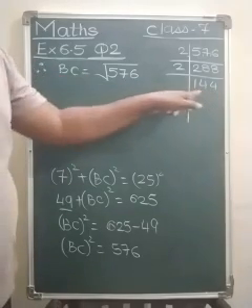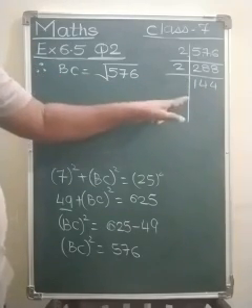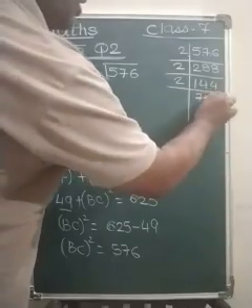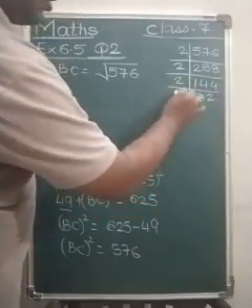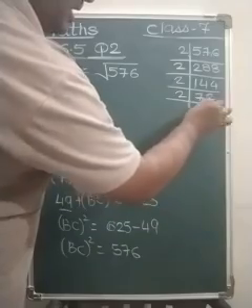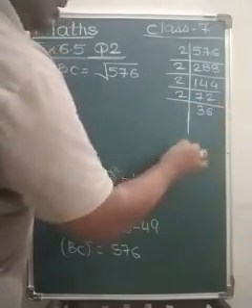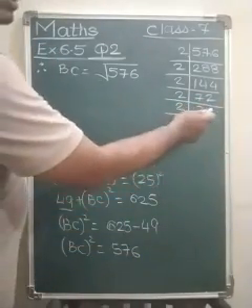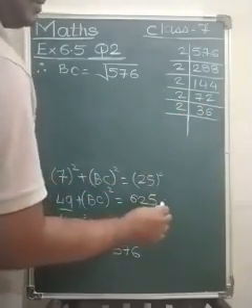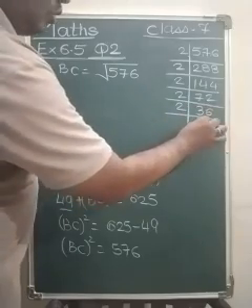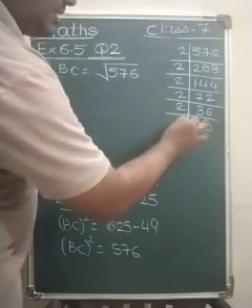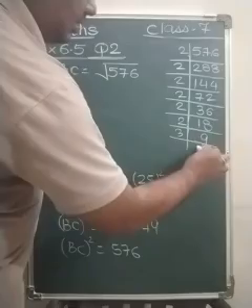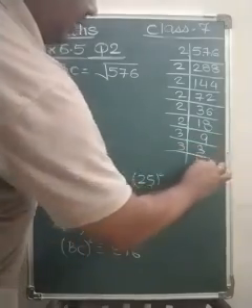Okay, now 144, directly we can write down 12 square, but we have to do prime factorization up till the end. 2 7s are 14, 2 2s are 4, again 2 3s are 6, 2 6s are 12, 36 again, 36 is a perfect square, 6 6s are 36. So 2 1s are 2, 2 9s are 18, 3 3s are 9, 3 3s are 3.